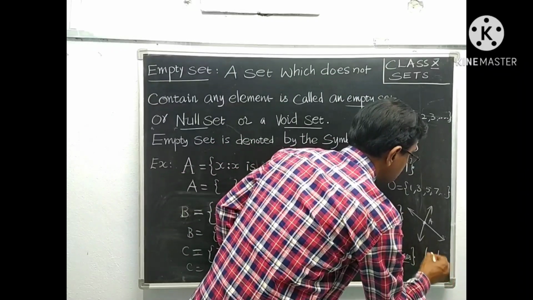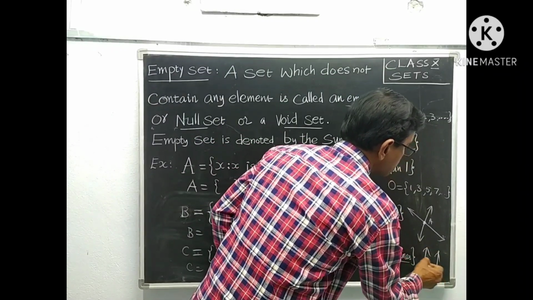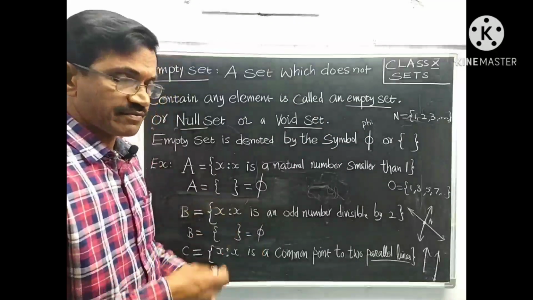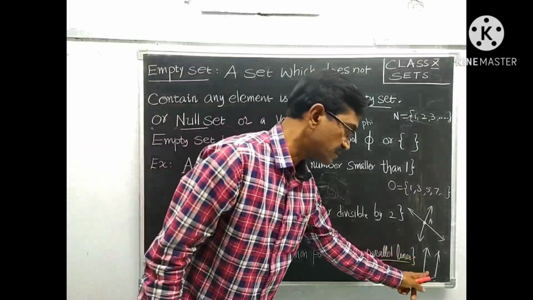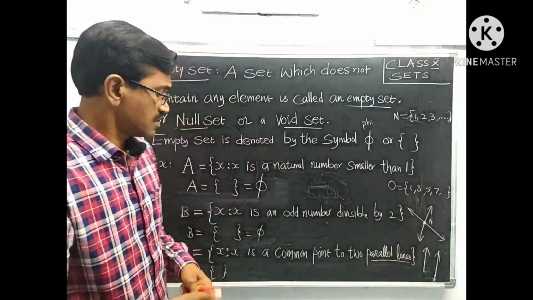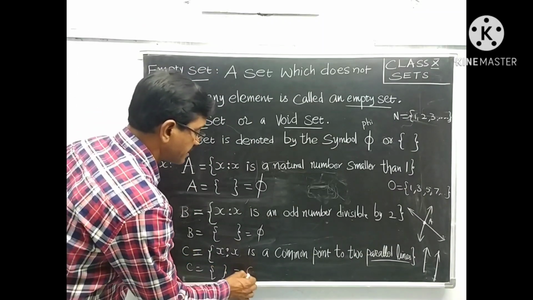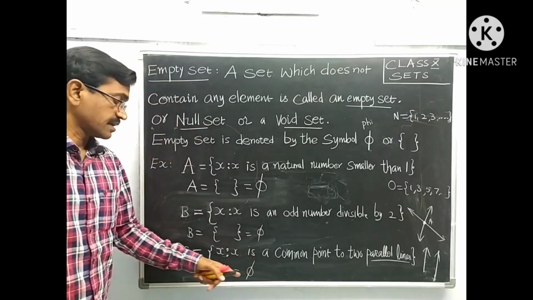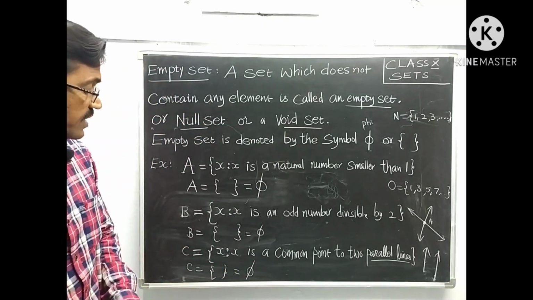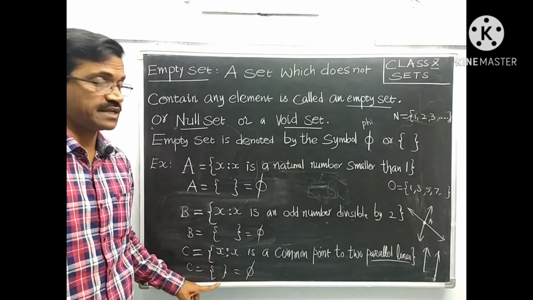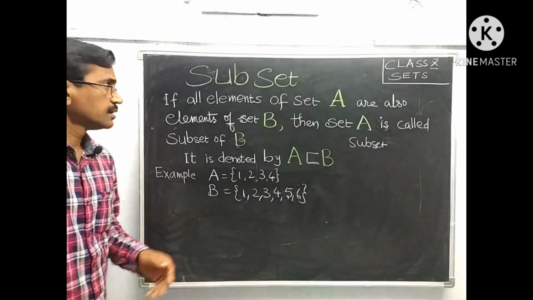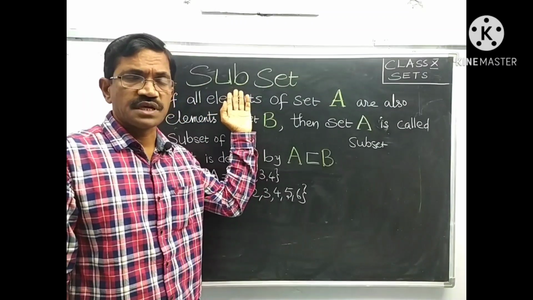So here these two are parallel lines. So they do not have any common point because they do not meet at anywhere. So this is also a null set or void set, and it can be represented by this phi also. Phi and this both have the same meaning. We can represent in a way. Now let us understand the concept of subset.